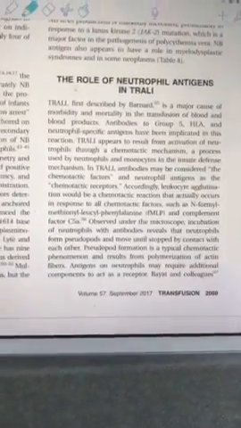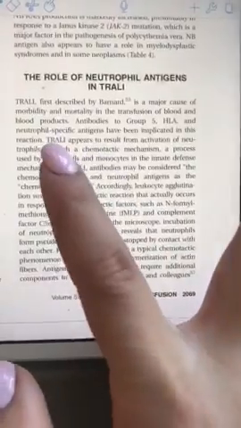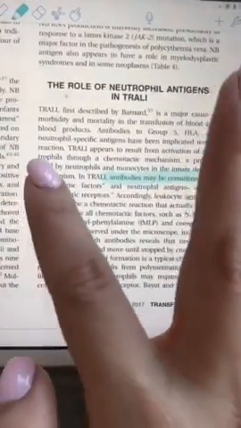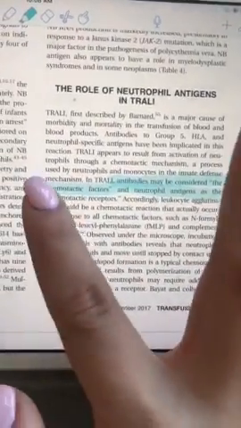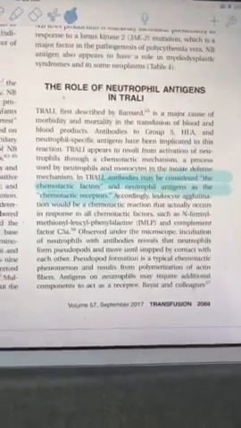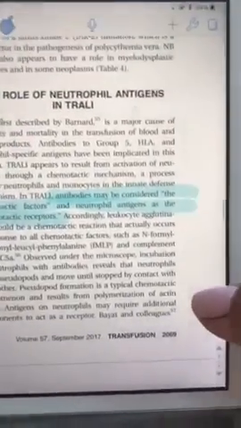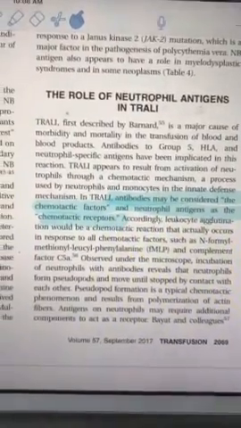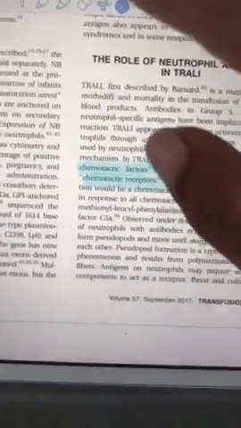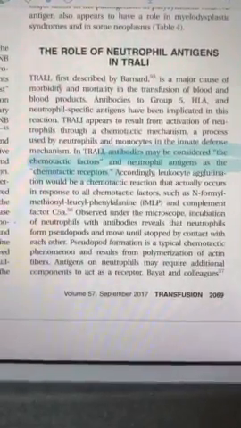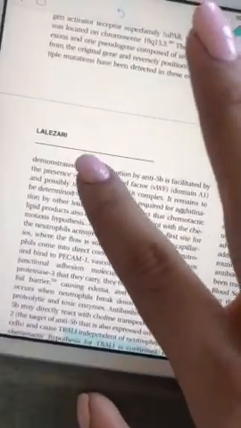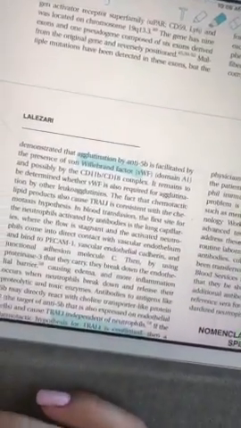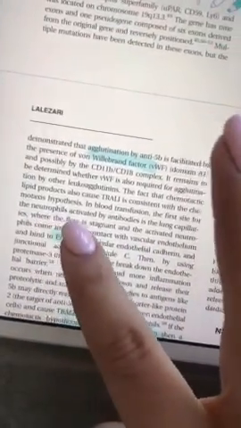So the main line here is that the antibodies may be considered chemotactic factors and neutrophils the chemotactic receptors. So there's some type of chemotaxis going on, and some of the major players in TRALI would be complement here, and then someone also discovered that von Willebrand's factor was involved, and finally PECAM, as we've all known.